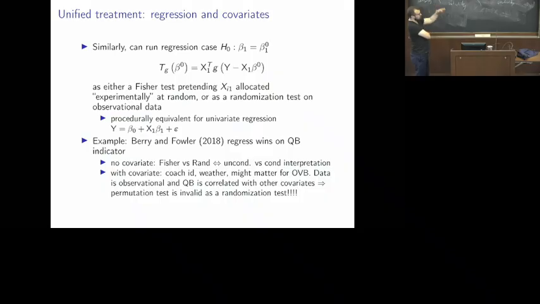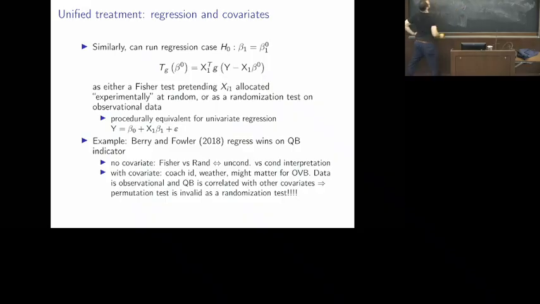So they have data over time, and they have an indicator dummy for which QB was playing. There you have something like Y is winning the game, and you have your QB indicator, and a value for that effect under the null.